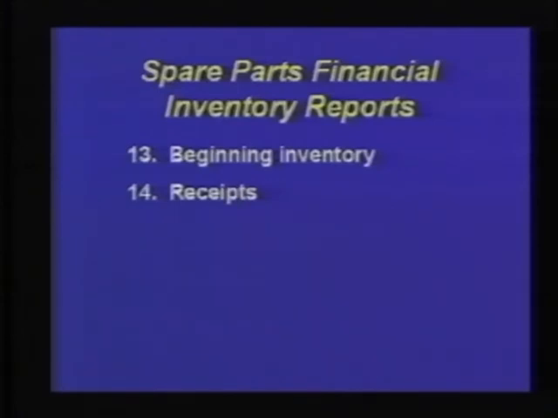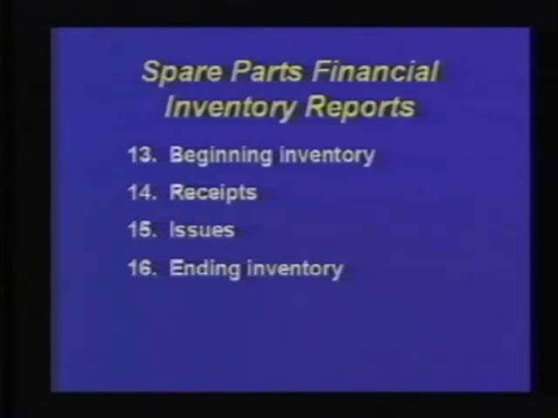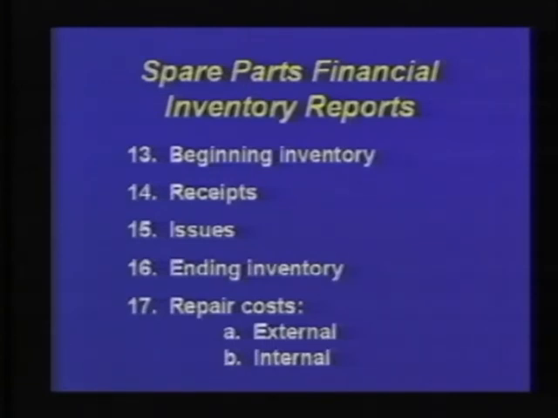We would reduce that by all of the issues, and therefore we would have the ending inventory. So 13, 14, and 15 kind of work together relative to a 4-wall inventory analysis. Then 17 would be the repair costs for both external as well as internal repair.